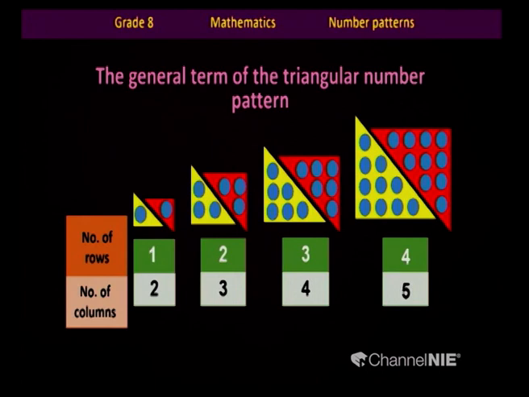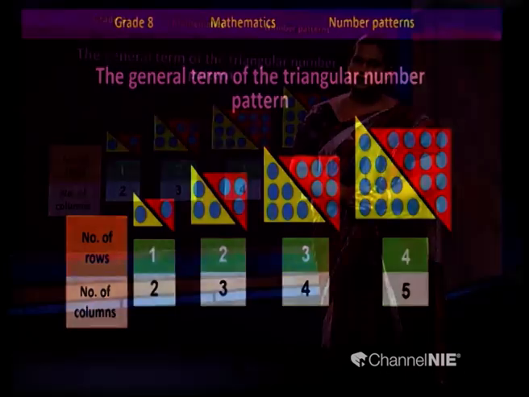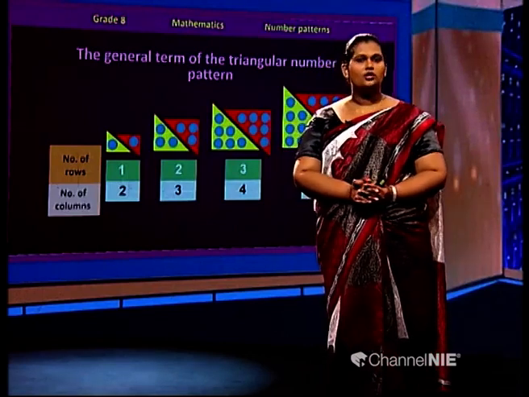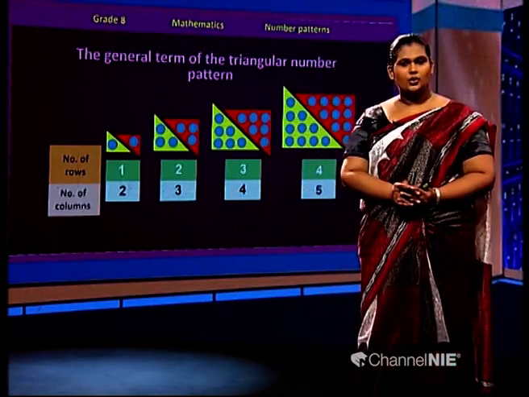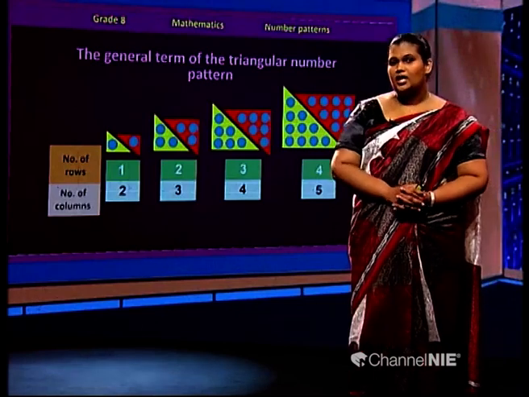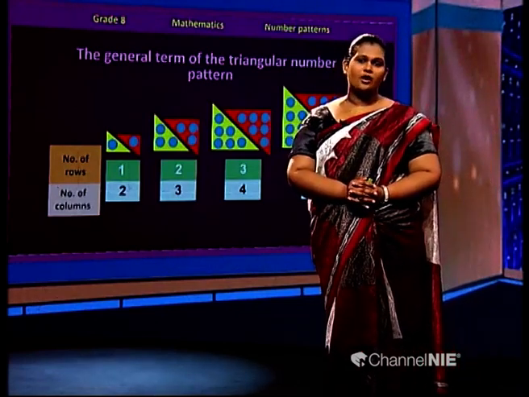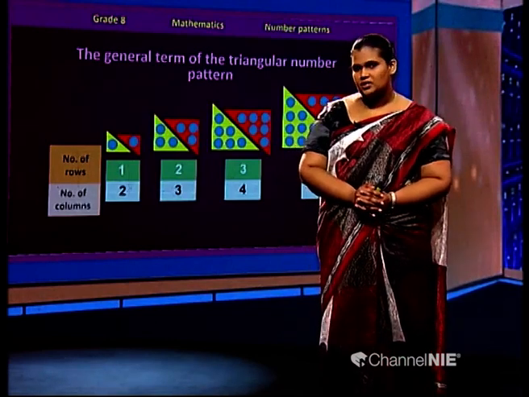Here, in each and every term, I have joined 2 such values together. That means I have doubled the amount. For the first term, I should have only 1 triangle, but here I have joined 2 together.